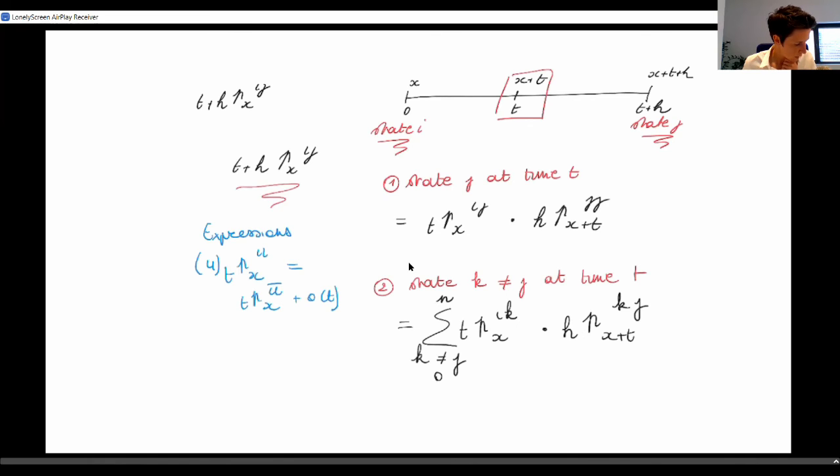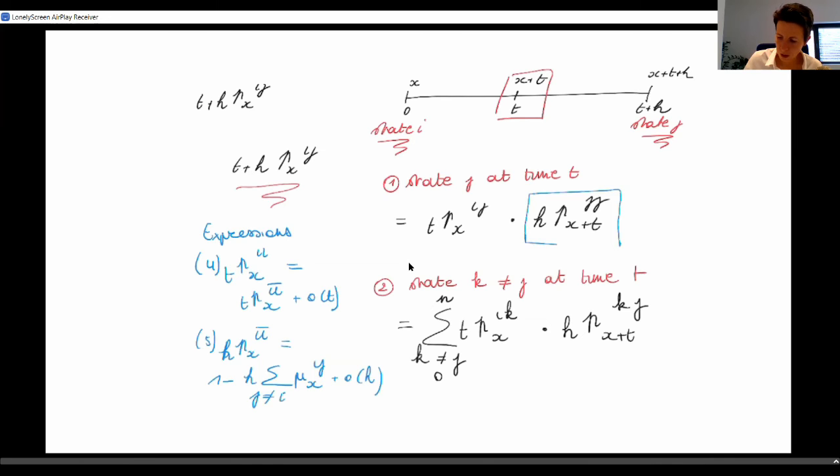And then I'm going to combine that with the next step, and that is that h p_x^ii-bar is equal to 1 minus h, and then the sum over j different from i of mu_x^ij plus little o of h. And so these are the two expressions that I wish to combine, and I'm going to use them to replace the expression that I have over here.